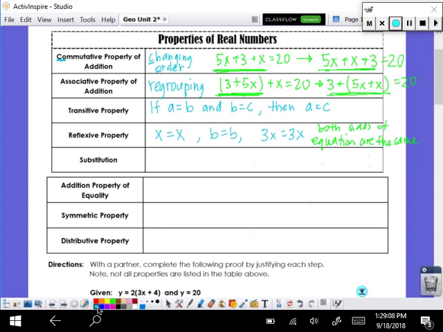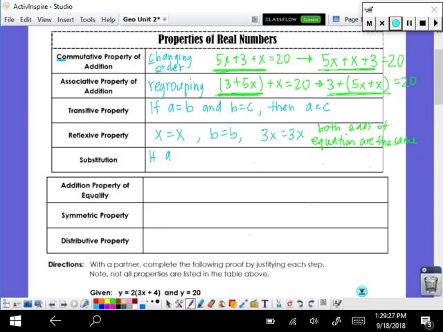So substitution, we could say if A equals B and B equals Y. No, let's erase that, because that was more similar to the transitive property. We'll do a little bit better.